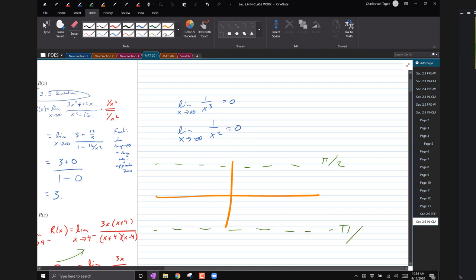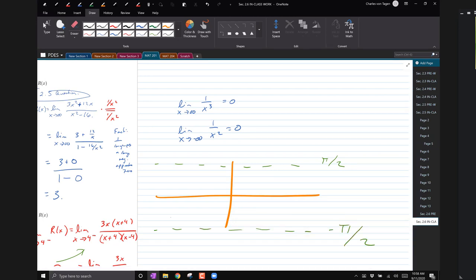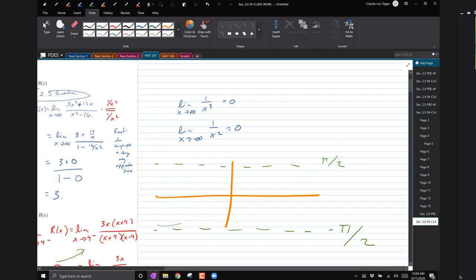It looks like this, and it's got one horizontal asymptote at y equals pi over 2. That's for the right long-term behavior, and it has another horizontal asymptote at y equals negative pi over 2, and that's for the left-hand long-term behavior.